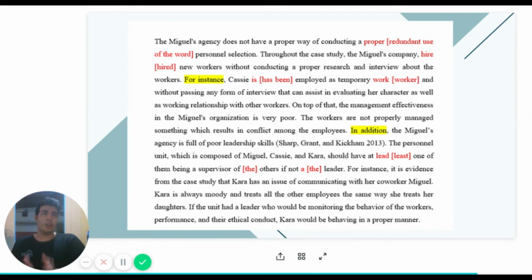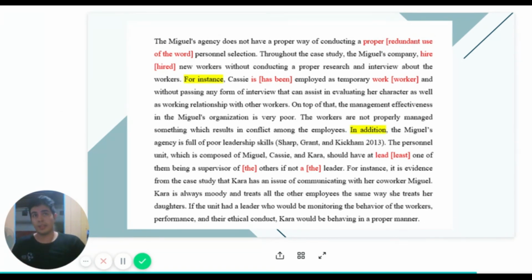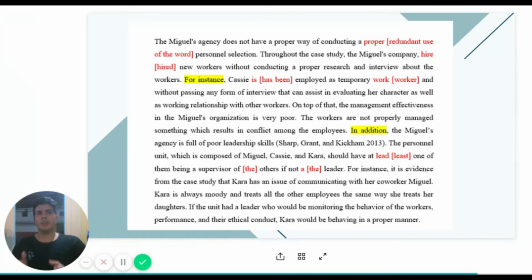But just like errors, there are successes in this case, since there is proper use of linking words between one idea and another, which can be shaded in yellow, such as for instance and in addition.